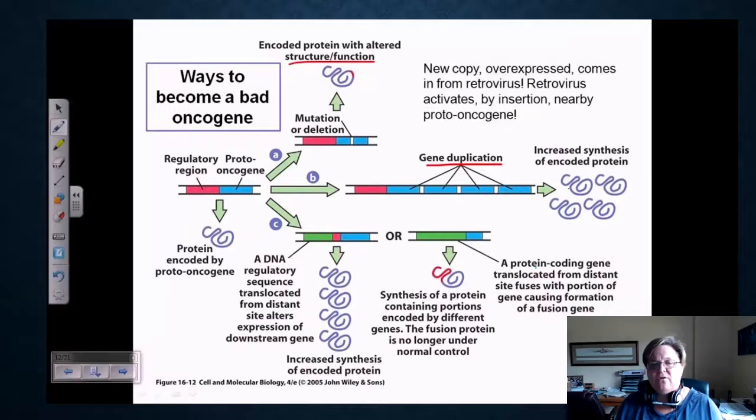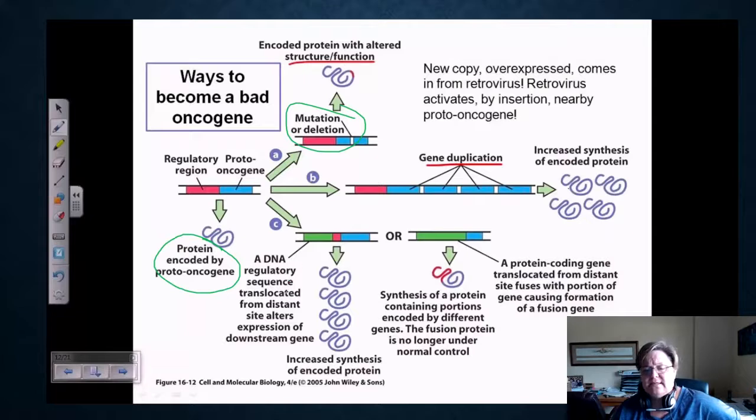But somehow this gene has become activated and is now an oncogene because it's going to cause a cancer to start. So we find that because of this mutation or deletion, an oncogene is encoded and encodes a protein.